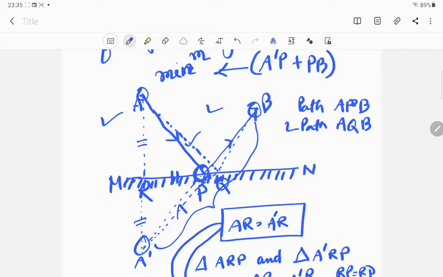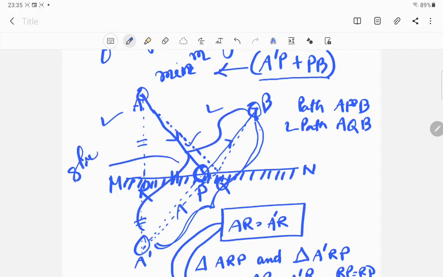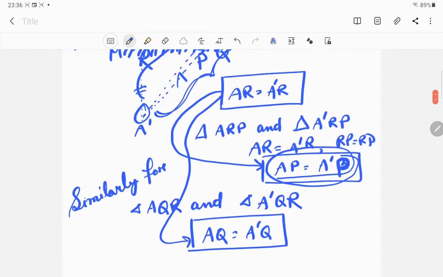Now you can see that A dash P plus PB, this length, will be minimum only when it is a straight line. Only then can you expect AP plus PB to be minimum.